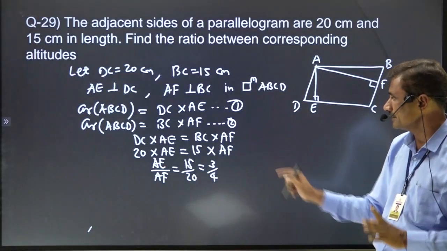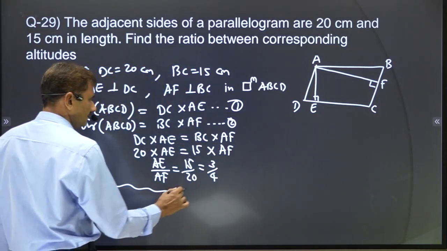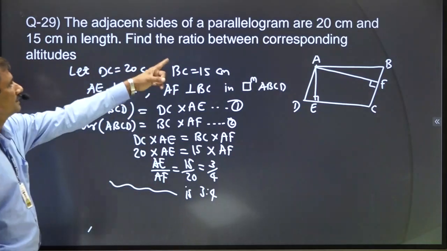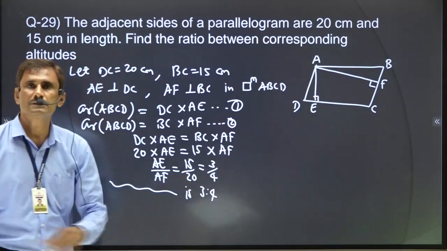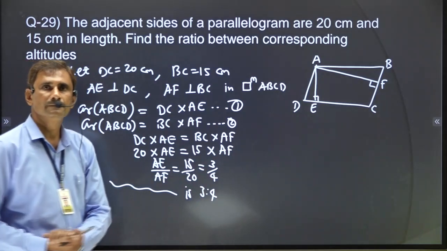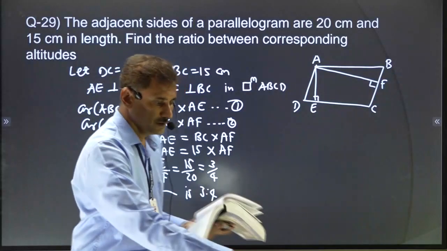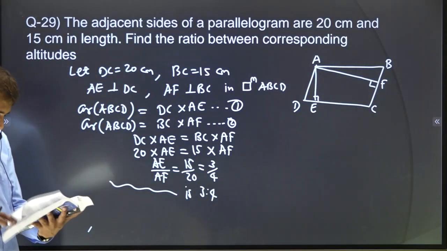Here you have to show everything, and at last you have to give a statement also: the ratio between corresponding altitudes is 3 is to 4. So again understand the question first of all, then look at the solution and note it down.